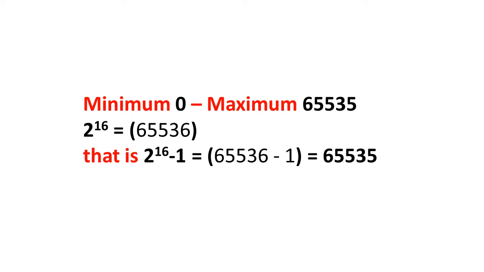The total number is 65,536, but the range between minimum and maximum is 0 to 65,535. So the total is 65,536 numbers, that is 2 to the power 16 numbers.